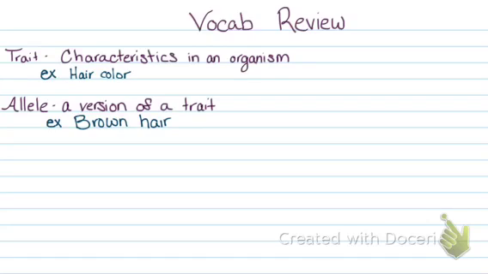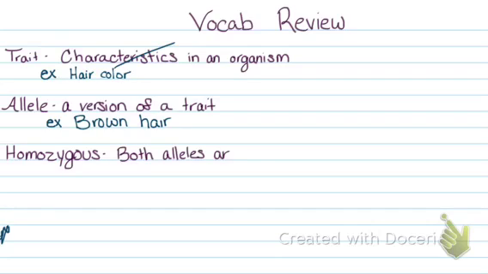If an organism has 2 of the same trait, we call this homozygous. 2 of the same alleles for a particular trait. If an organism has 2 different alleles, we call that organism heterozygous.